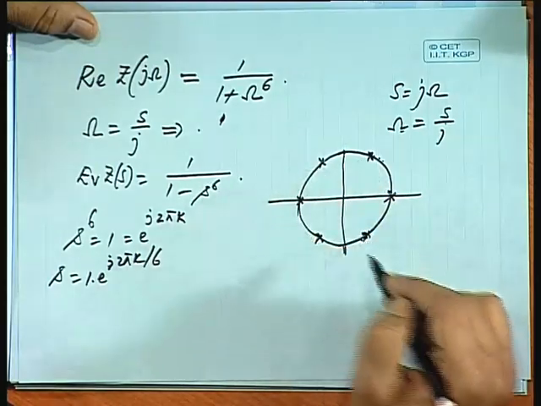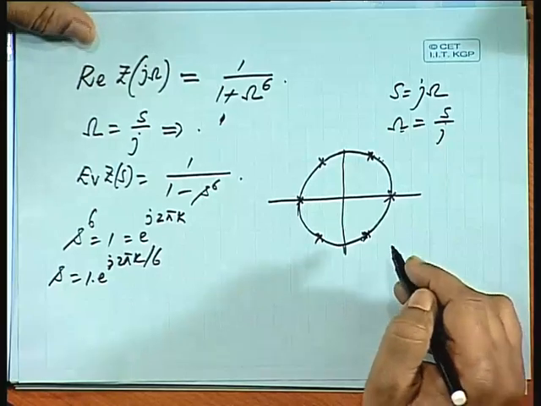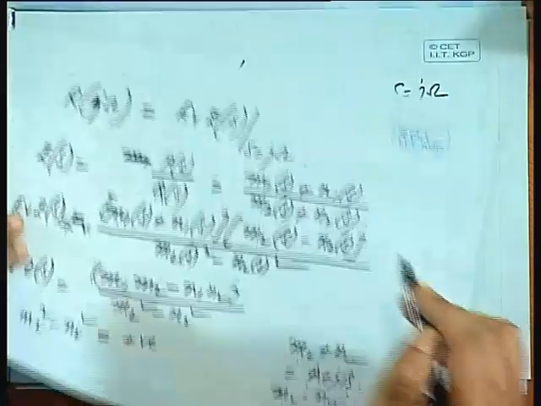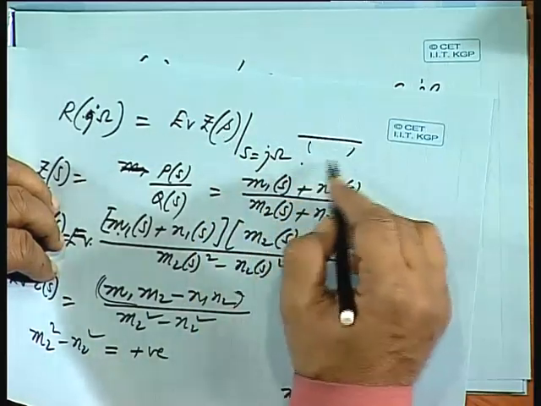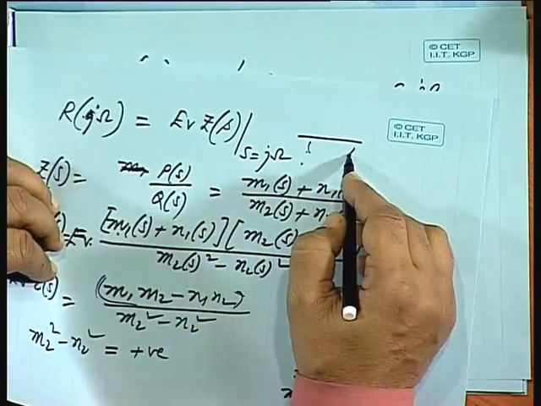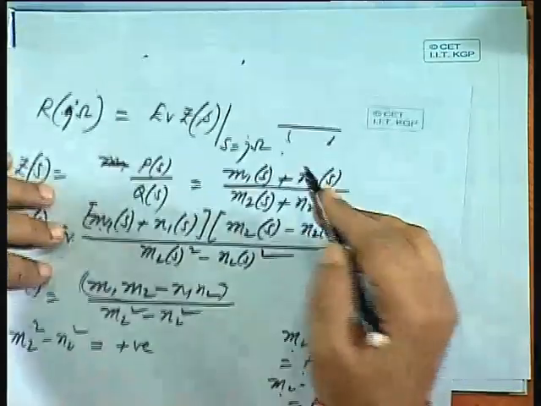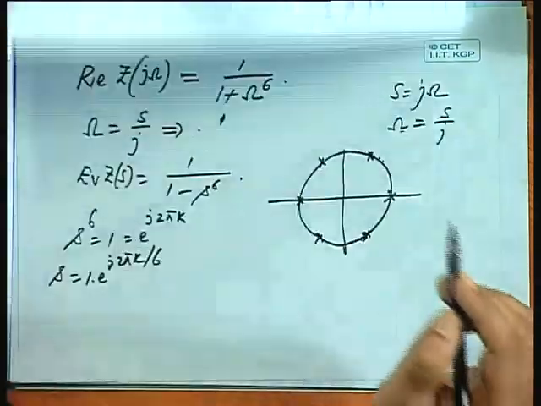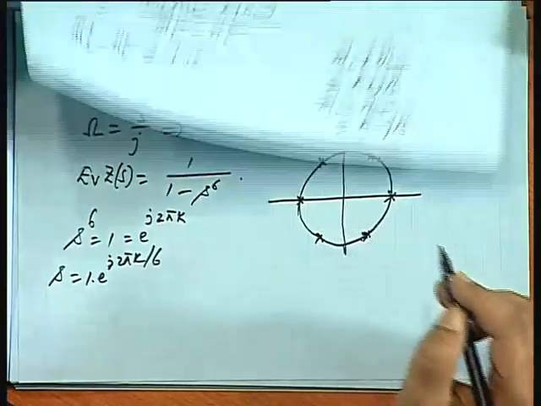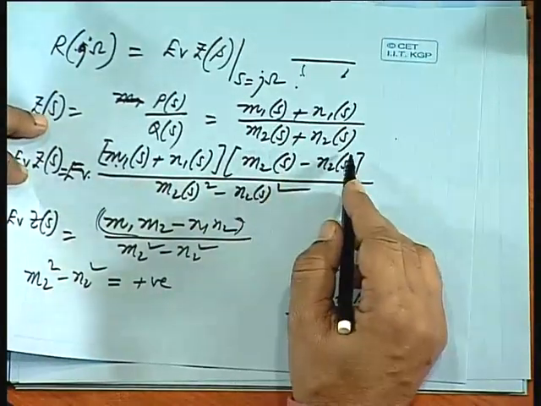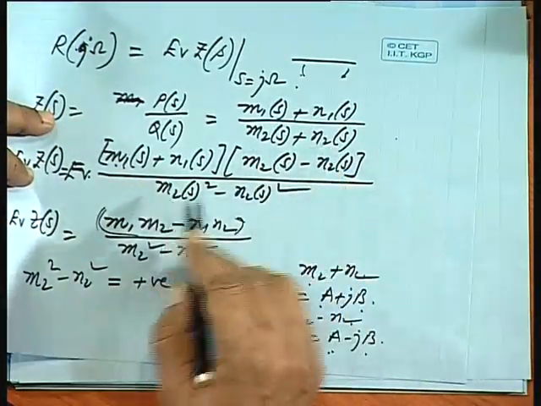There are 6 roots. Now, for a stable system, if Z(s) is a realizable network, all the roots of the denominator should lie in the left half plane. I know this Z(s) that we have got, that is M2 plus N2 and M2 minus N2.